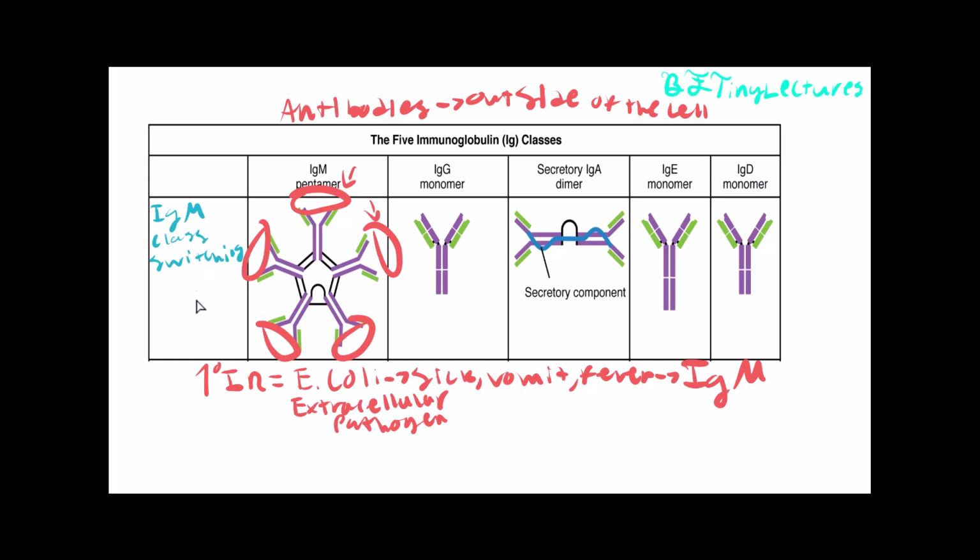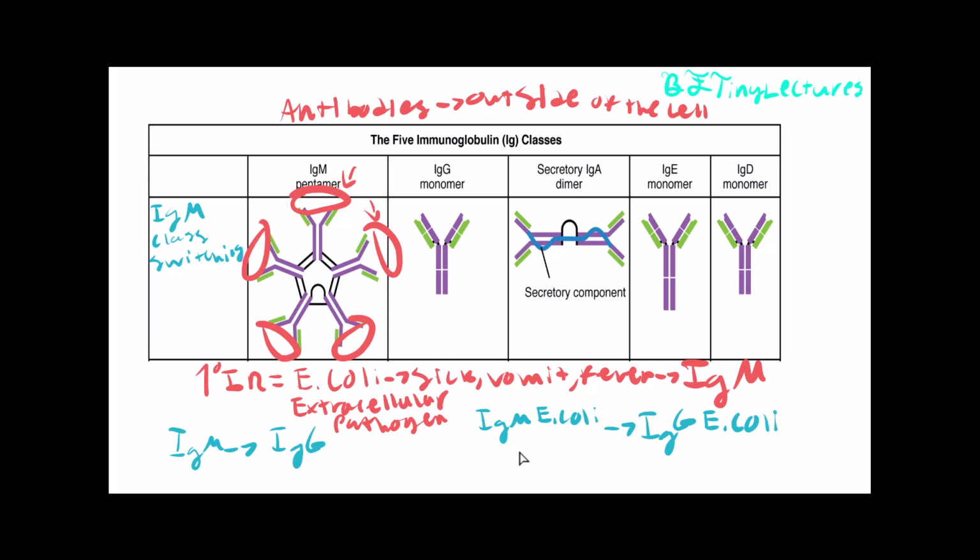And what class switching does is that IgM eventually will convert itself into IgG. We can change our classes, but we don't change what we are specific towards. So we might have IgM for E. coli, but if I class switch, I now become IgG, but I'm still specific towards E. coli.